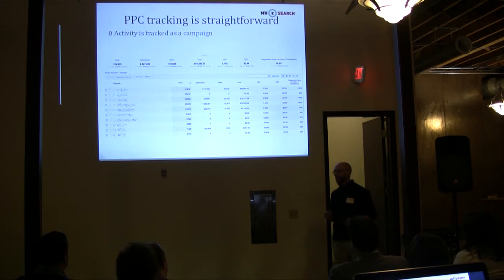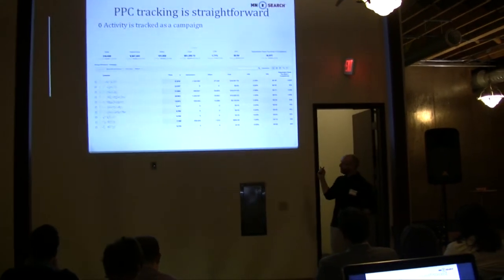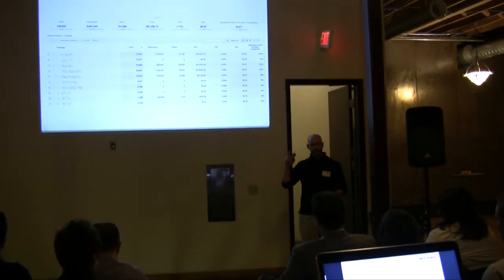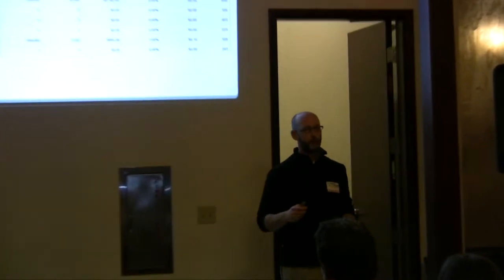So time on site, specific conversions. Let's say a conversion is not a page where you placed your AdWords conversion script, but what you're considering a conversion is a PDF download or a chat that was initiated. You can track all those goals against your paid search campaigns that way.